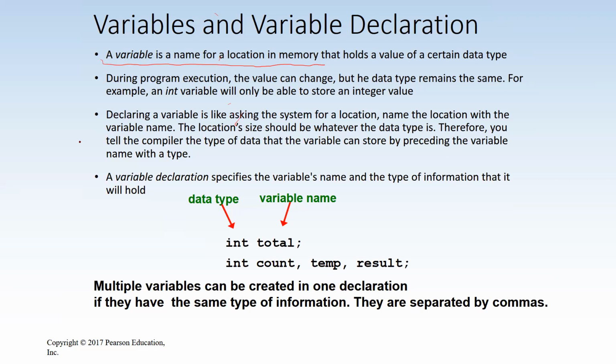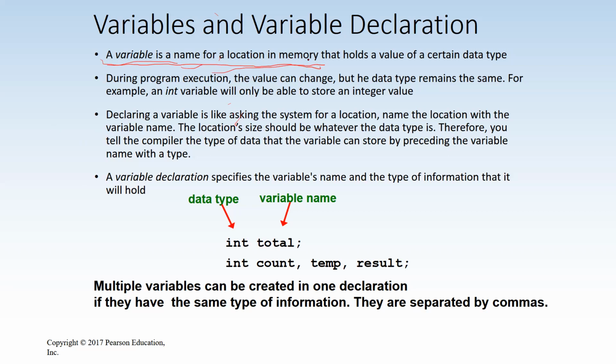Each block has a name, a memory address. The memory address is the byte number, just a sequence of numbers representing the location of that memory. So a variable is a name for a location in memory.